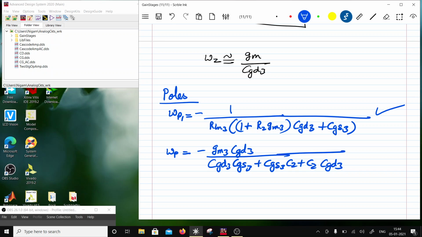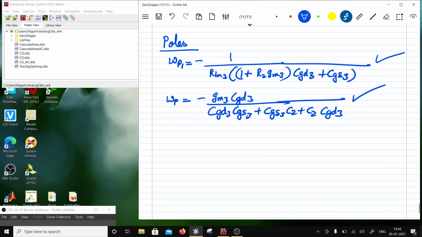Some of the famous books do this, just the cyclic multiplication of capacitances. This is the second pole. Now there is going to be a zero on the right hand side, which is basically GM3 by CGD3.